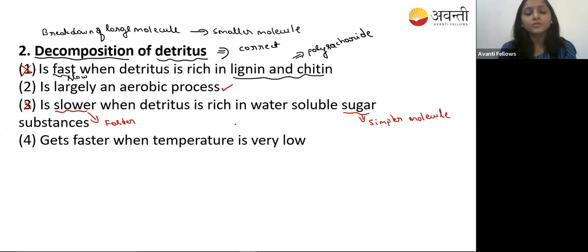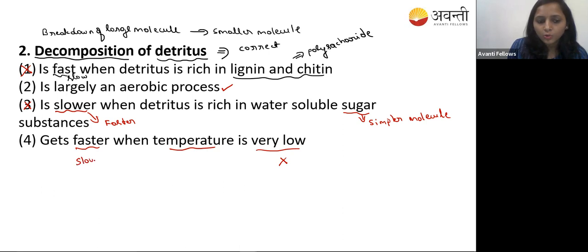Then coming to option 4, it gets faster when temperature is low. You all know about reactions, right? Whenever the temperature is high, the reaction will be fast. Here they are saying it gets faster when temperature is low. No, when the temperature is low, it will be slower.